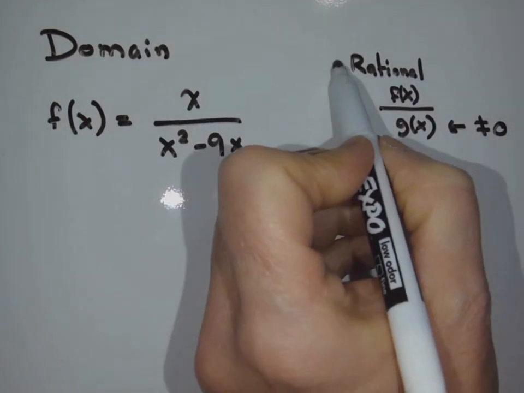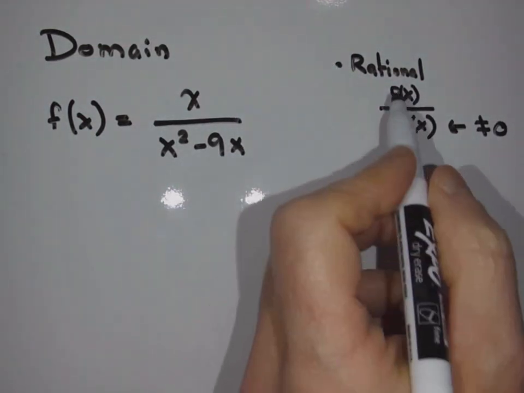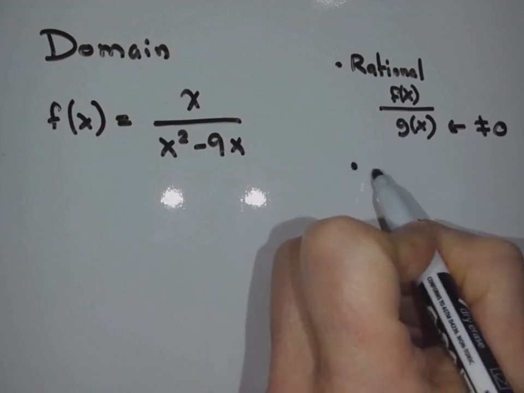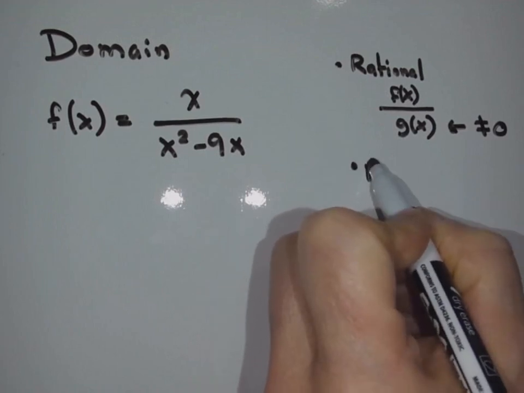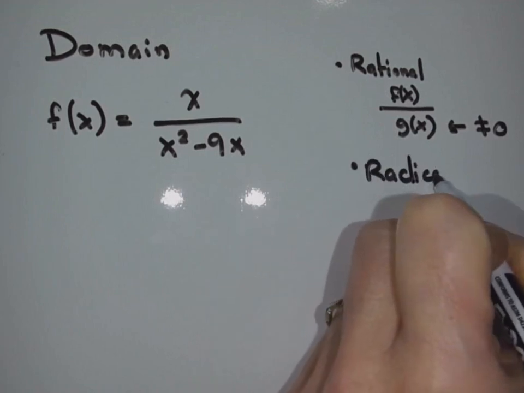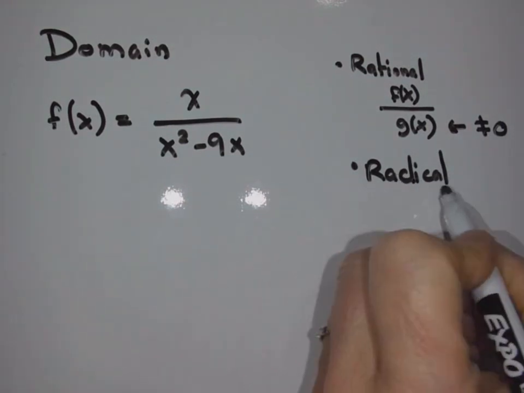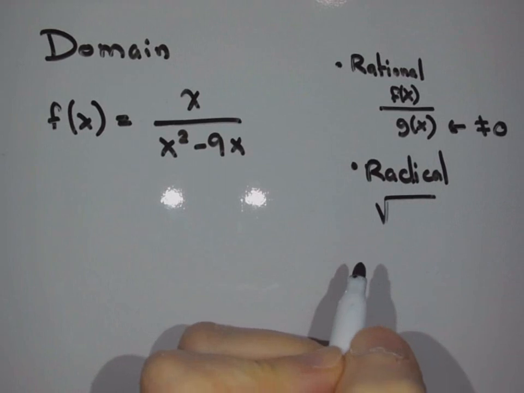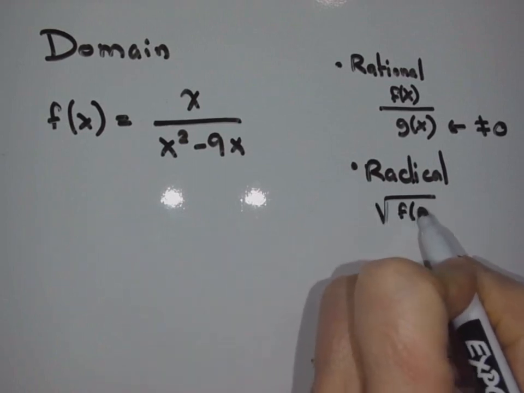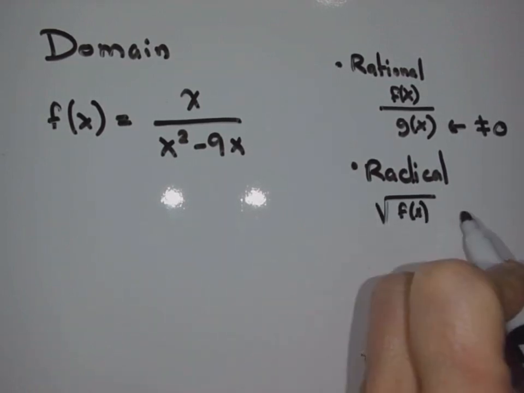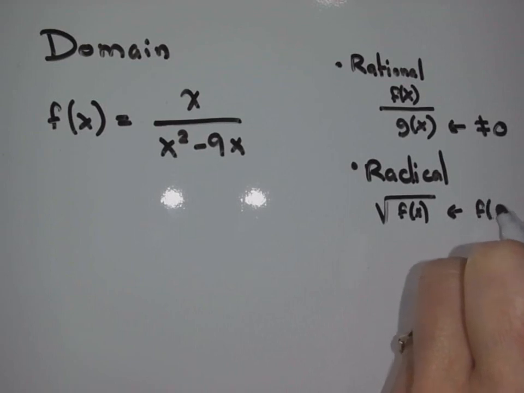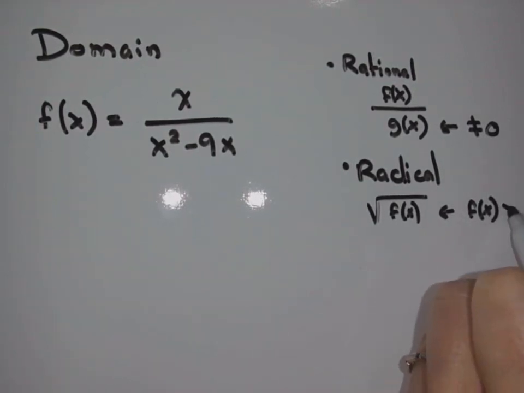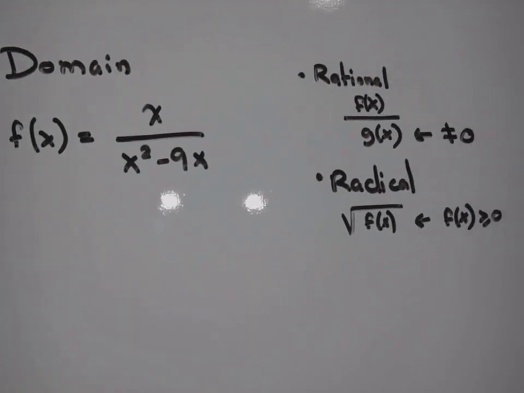And then because we're talking about the restriction for the domain, the other type of functions where you have to worry about something in the domain will be your radical functions. And for the radical, we're going to say even roots, but that's when you have a square root, and whatever is inside, let's call that f, whatever is inside the square root will have to be greater than or equal to 0, okay?